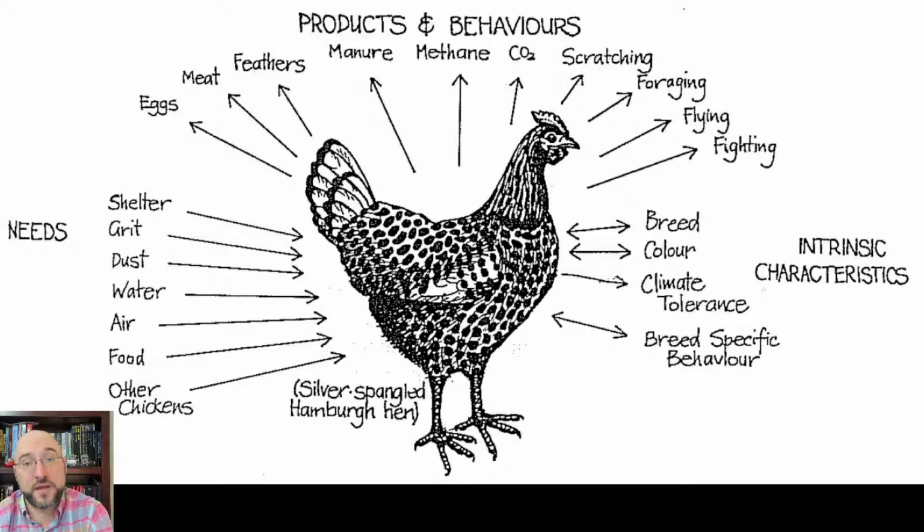And we also have then what are the products or yields of something that we have in our system. With chickens, they're eggs, meat, feathers. They produce manure. They let out methane, CO2. But then we can also use them for their abilities. Why do we like chickens in a permaculture system, and why have chickens and chicken tractors become something prevalent within the conversation?